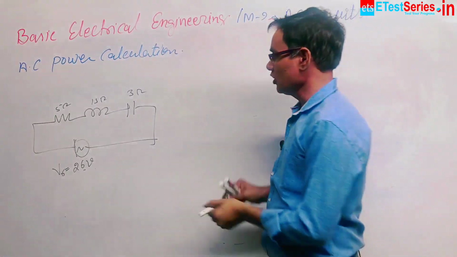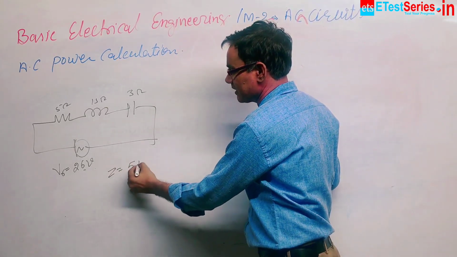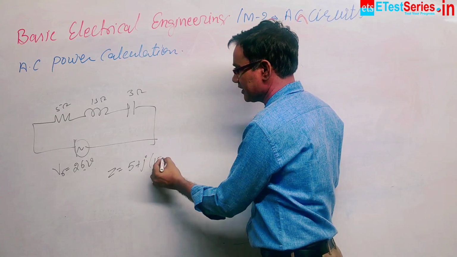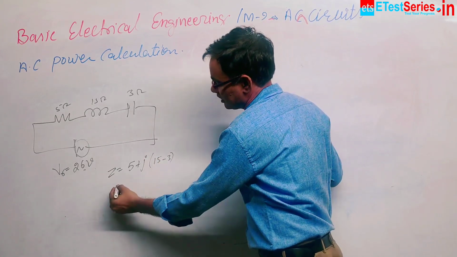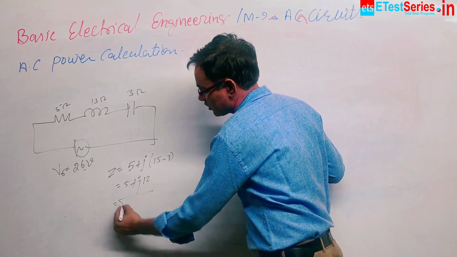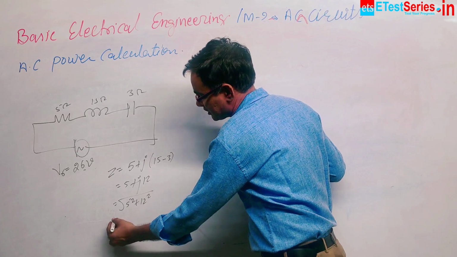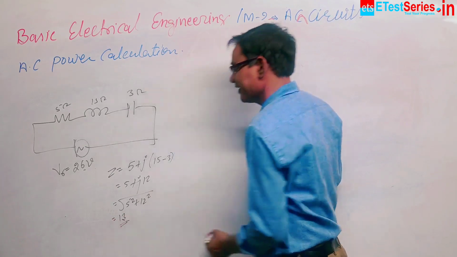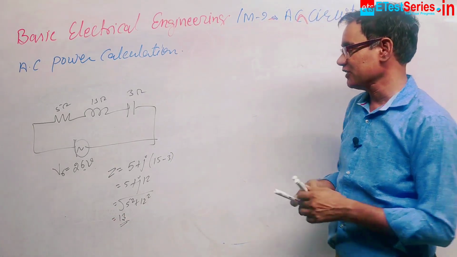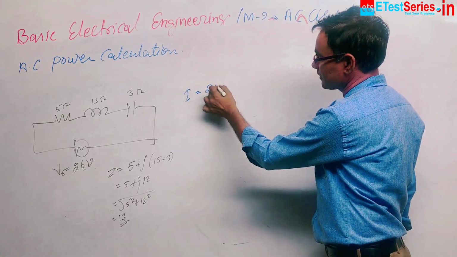In this circuit, what is the total impedance of the circuit? The total impedance is 5 plus j(15 minus 3), that is 12. So 5 plus j12, and that value is equal to the root of 5 squared plus 12 squared, that is 13. So impedance is 13, so the current in the circuit is 2 ampere.